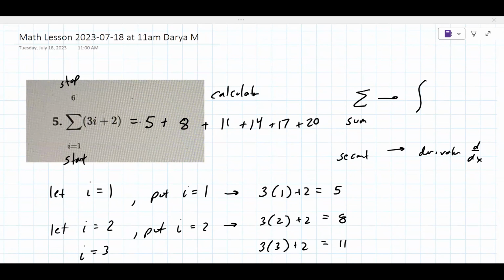So on a test, I don't know what I would do to make this where you could use a calculator, but you may just be writing out the sum. You may actually have to find the sum. Things like that.